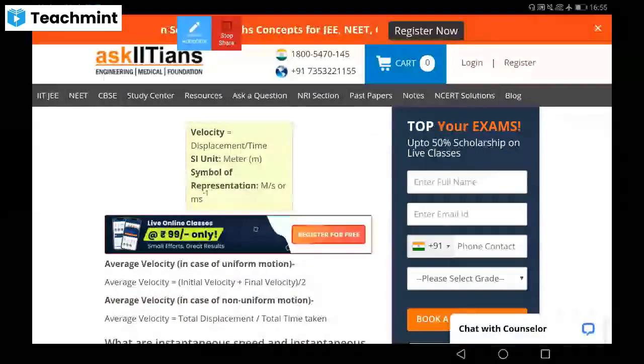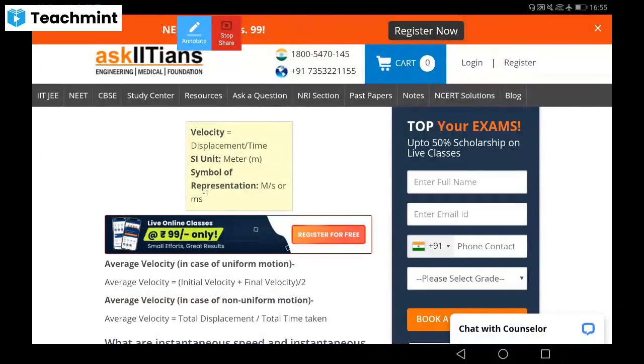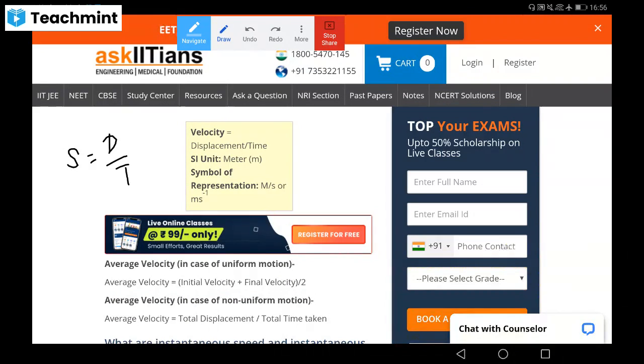Now next is velocity. What is the difference between speed and velocity? When we talk about speed, it was distance by time, whereas velocity is equal to displacement, that is delta x, that's how we represented it, right? Delta x by t, displacement by time.